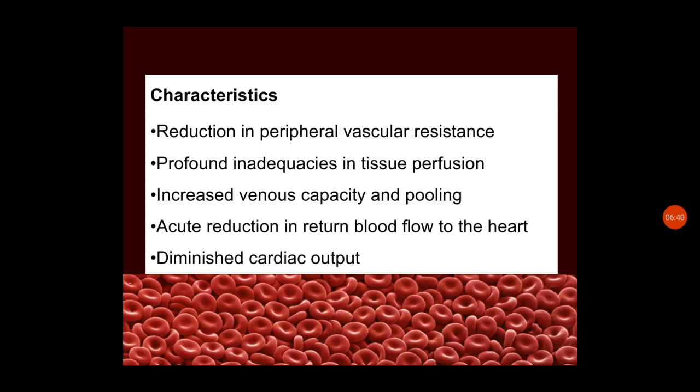So peripheral vascular resistance will be low, the back flow of blood from extremities and other organs will be low, cardiac output will become low, and the pooled blood will be seen in the venous area, like extremities and other veins. These are the characteristics of distributive shock.